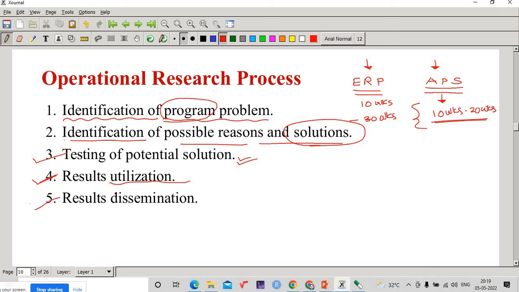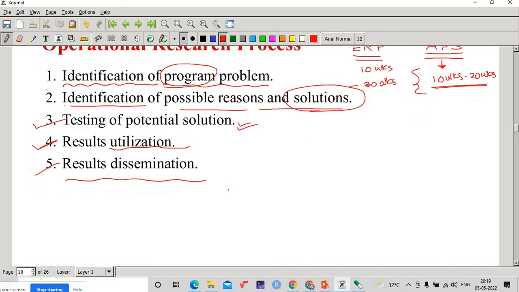And result dissemination. How to disseminate the result from the parent organization to the sister organization should also be checked. So these are the processes included in operational research.